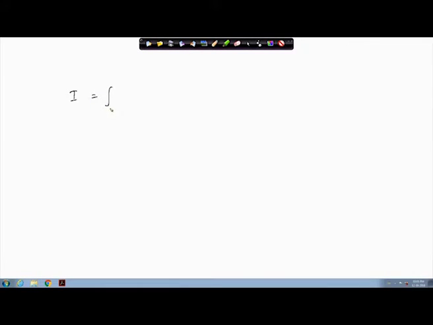Hello students. So up until last class we looked into differentiation under the integral sign, where we learnt that if you have an integral of this type, let's say I equals the integral from a to b of f(x,y) dx, then how can we differentiate this integral?